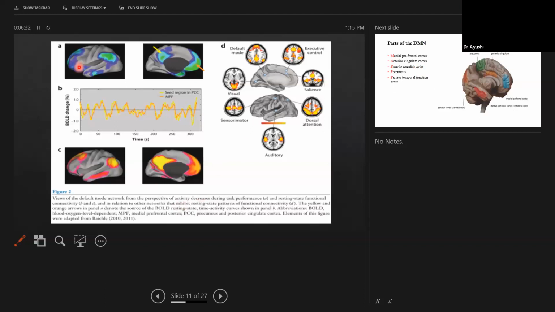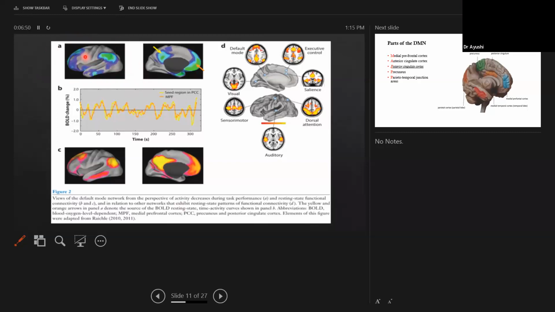As we can see in this picture, these are the areas of the default mode network. Blue color denotes hypoactivity or hypoconnectivity of the network when we are performing any task.